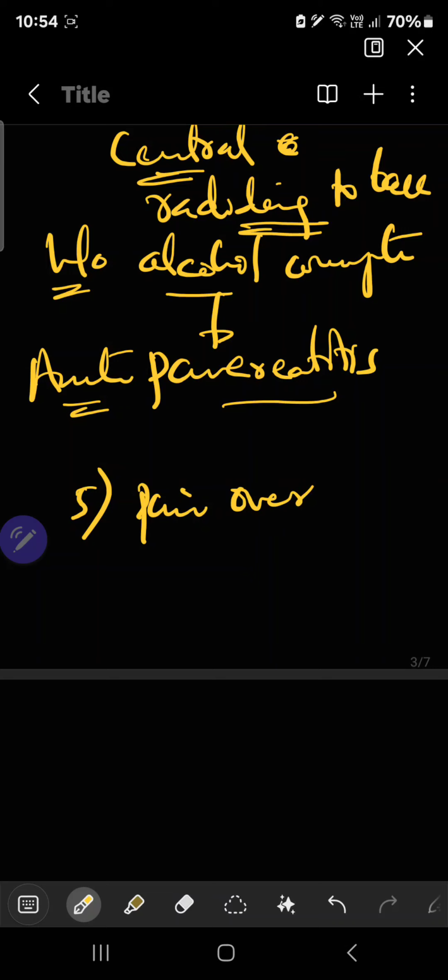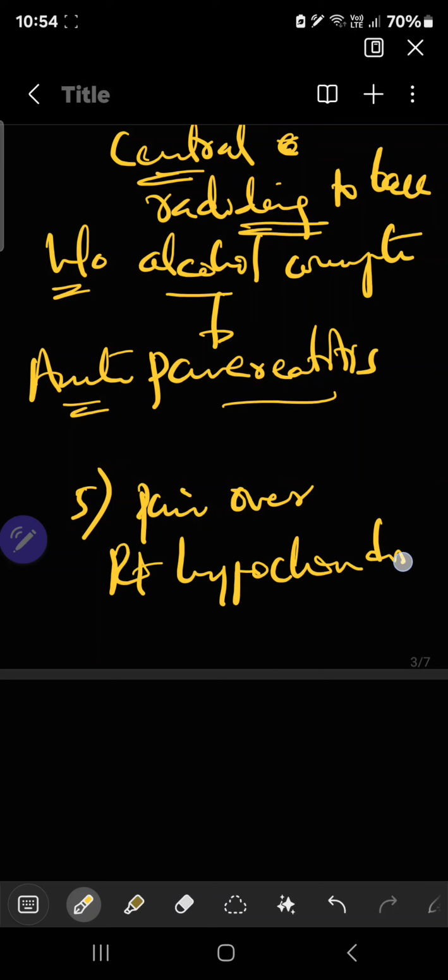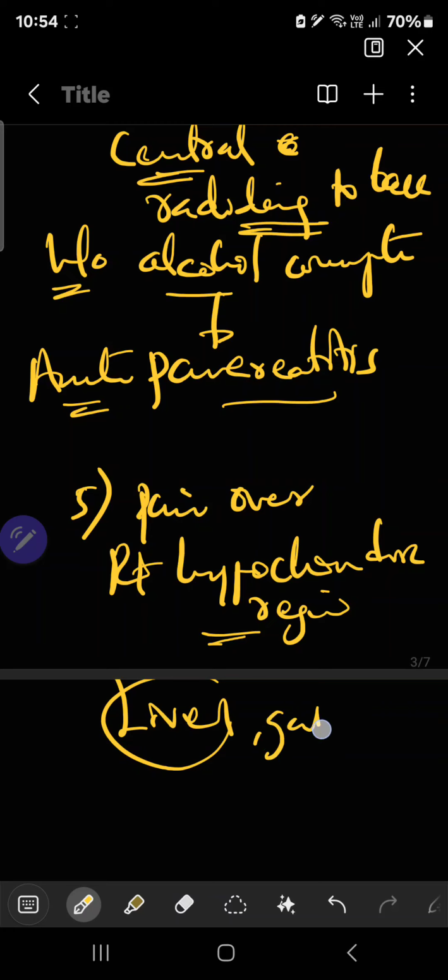And then the 5th one, pain over the right hypochondric region. What will be there in the right hypochondric region? There will be the liver and gallbladder.